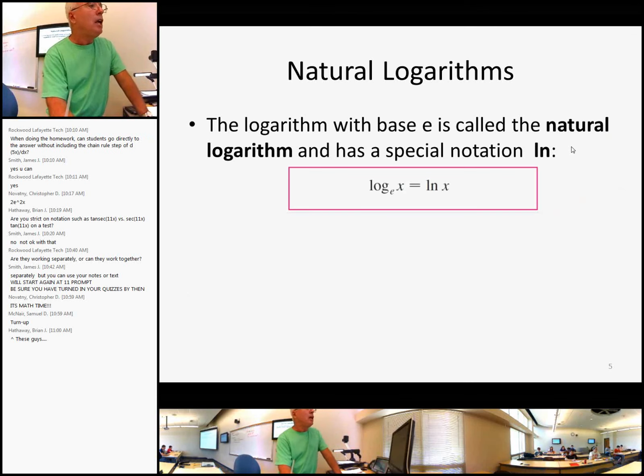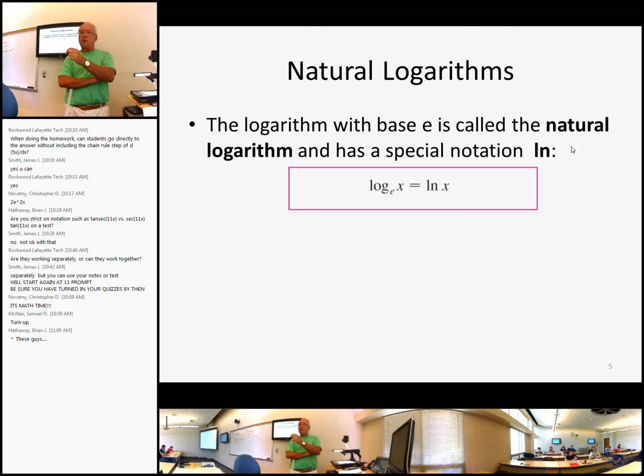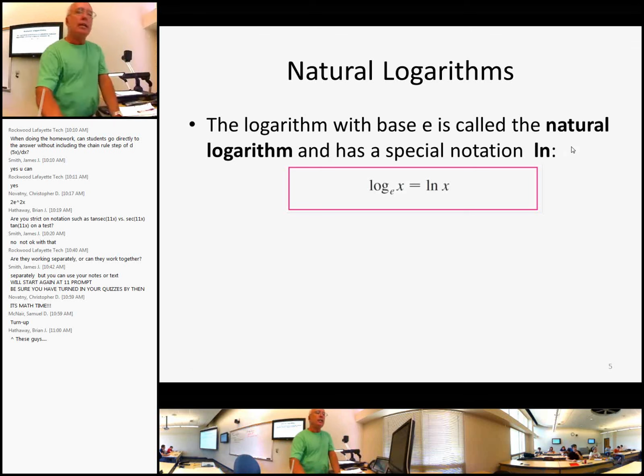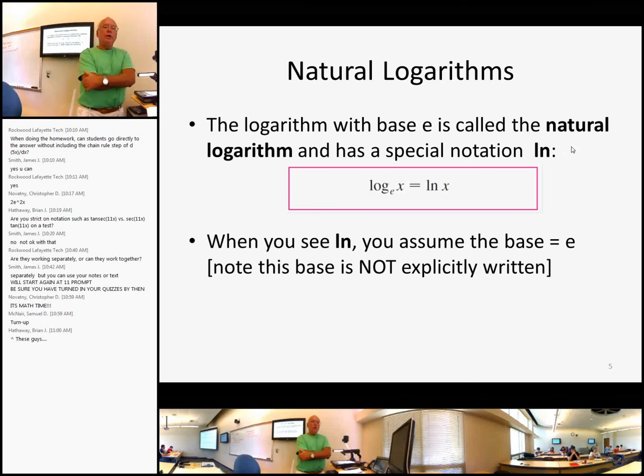So the ln of x is really another way of saying the log base e of x, except when we have that special base e, that 2.718, etc., we use the notation ln of x. So when you see ln, you can assume that the base is equal to e, even though it's not written explicitly. But it is the base e.